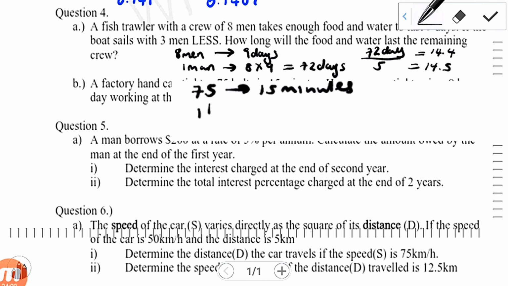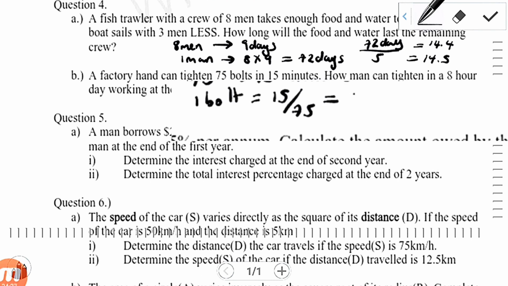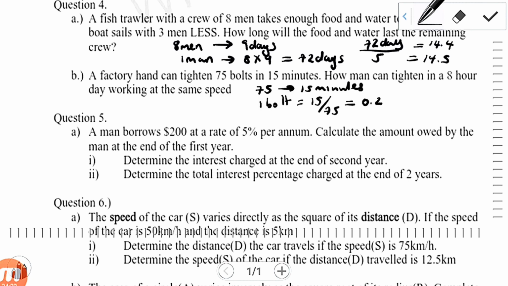So one bolt, for the rate at which this factory hand is moving, to tighten one bolt would literally take 15 divided by 75. Now if you want, you can convert it to a decimal, which would be 0.2, or you can leave it as a fraction.